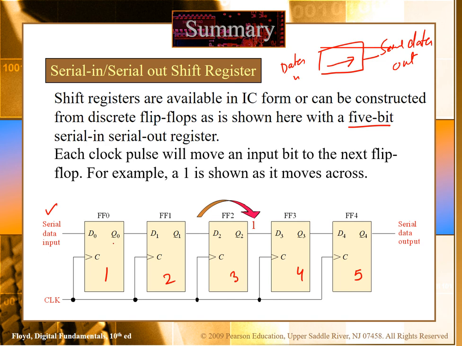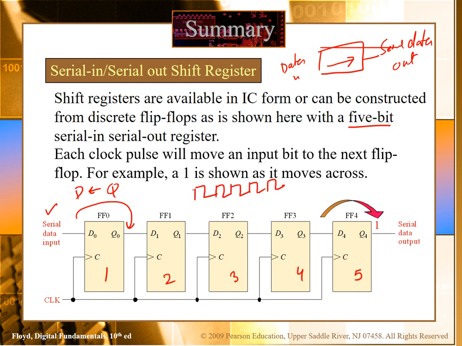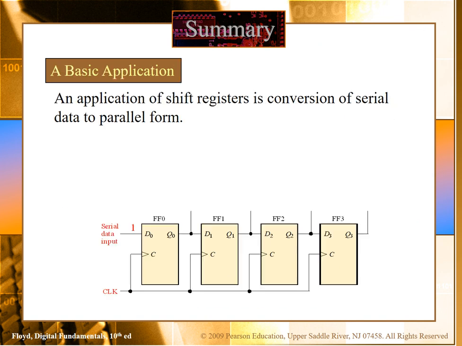This is the basic operation of a D flip-flop: your Q is following D. Whatever you have at D, at the edge of the clock that will come to Q. One is here, next edge, one is here, and so on. After 5 clock pulses, the serial input data is available at the output.